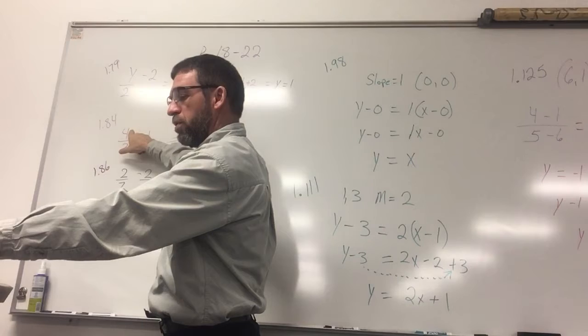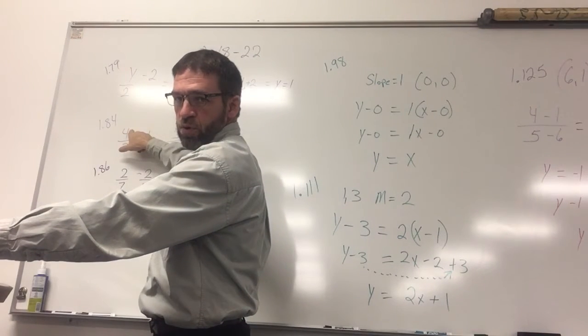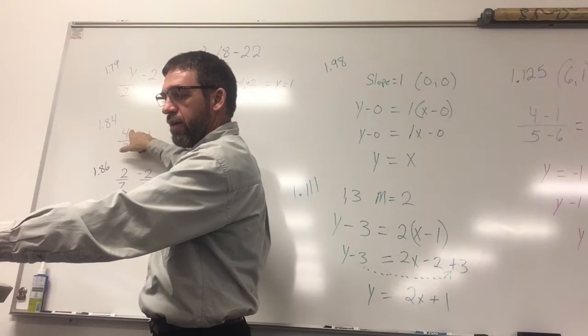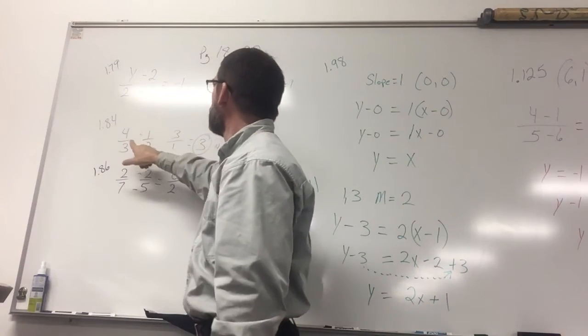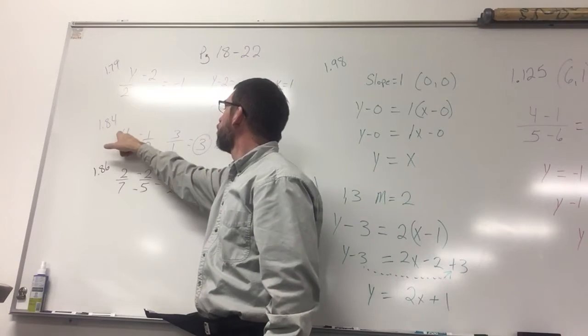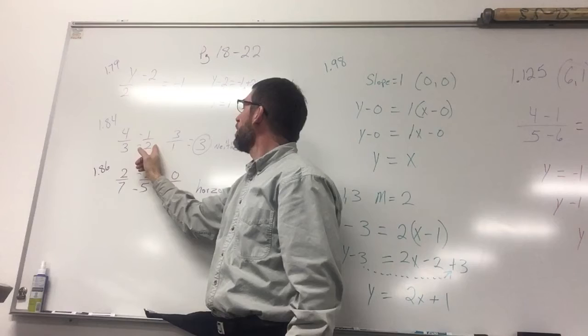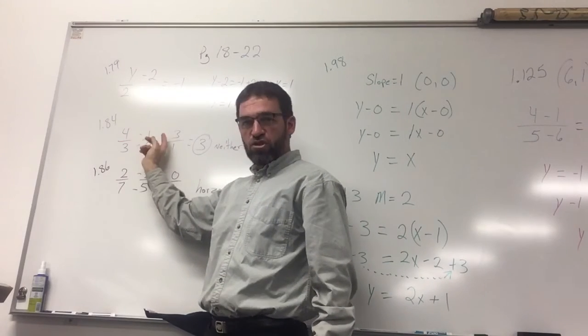Put your 4 on top. If you look, you have 184 is 2, 1, 2 and 1, 3 and 4. So put your 1 and 2 and your 3 and your 4. This is your y's, these are your x's, and subtract them from each other.